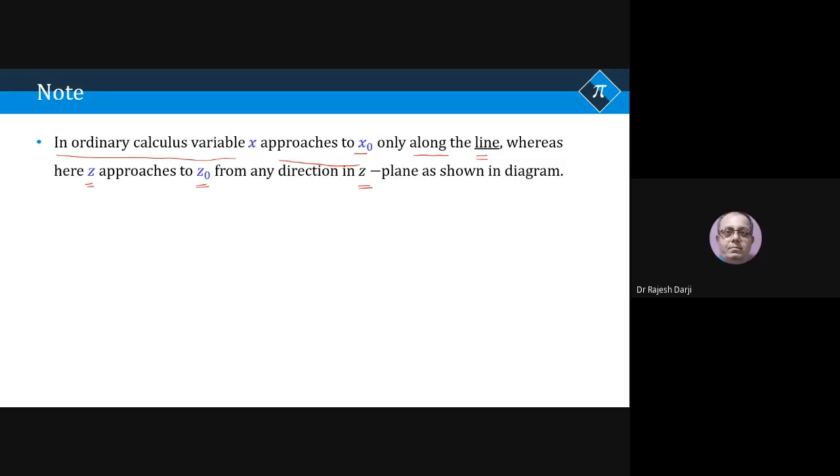If you recall the limit, when you say x tends to a for a function of one variable, what does x tends to a mean? x की वैल्यू a के नजदीक जा रही है. x is moving towards a. x tends to a means x is not equal to a, different from a.